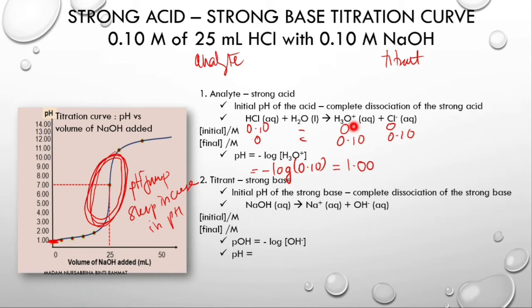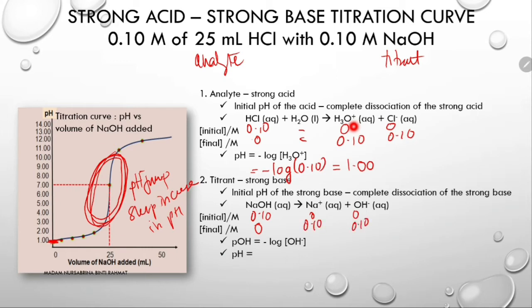Second point, you need to calculate the initial pH of your titrant, because that will act as the asymptote. NaOH is a strong base with an initial concentration of 0.10 molar. So with complete dissociation, all NaOH will turn to 0 and everything will be completely converted to Na plus and OH minus.